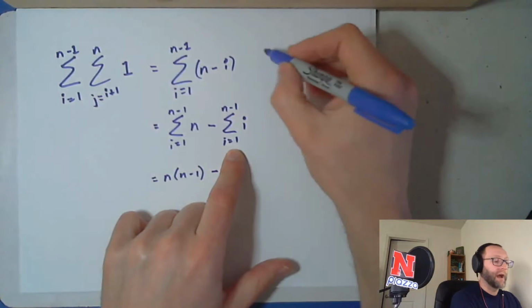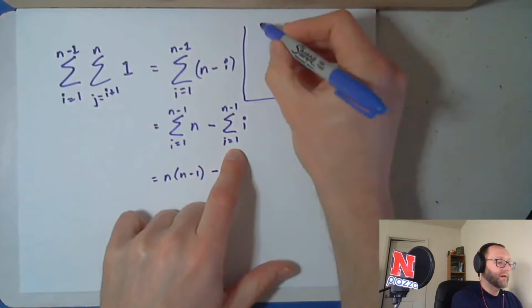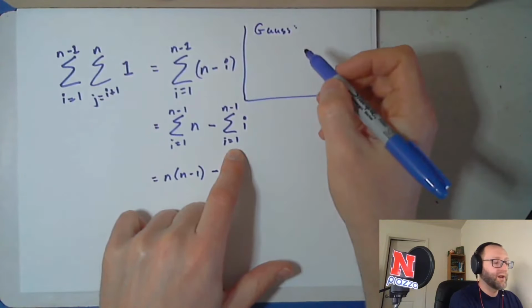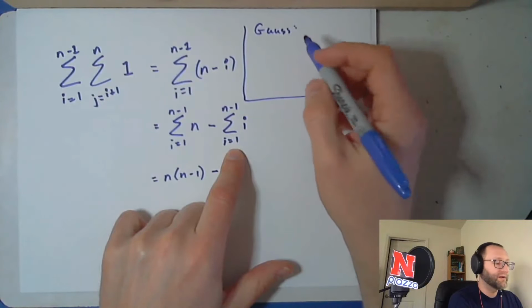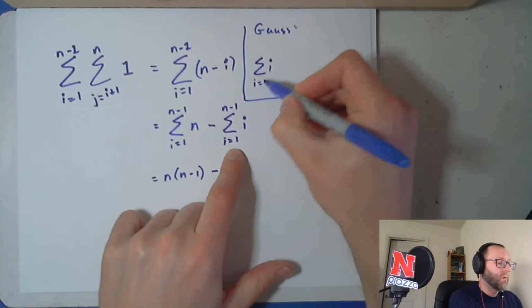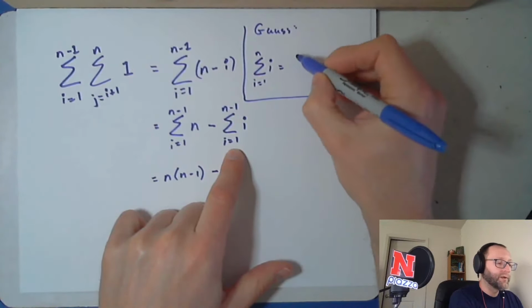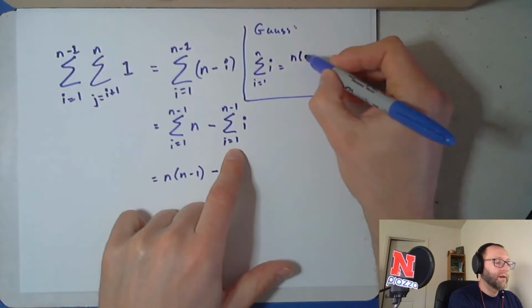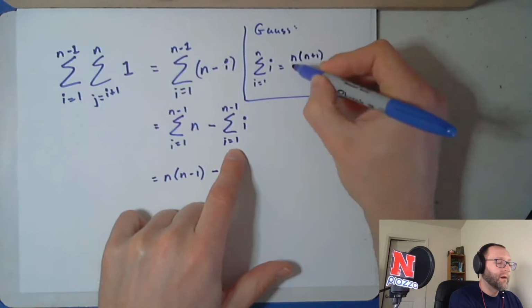Where, again, Gauss's formula, Gauss-Jordan elimination, Gaussian distribution, etc., etc. Right? The summation of natural numbers, 1 up to n, is equal to n times n plus 1 all over 2.